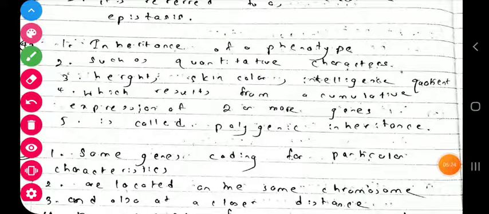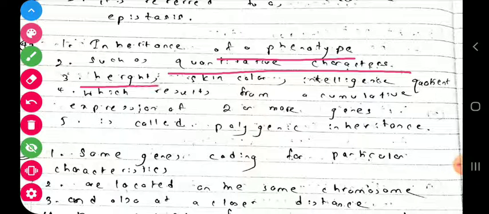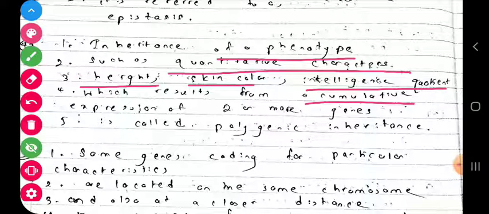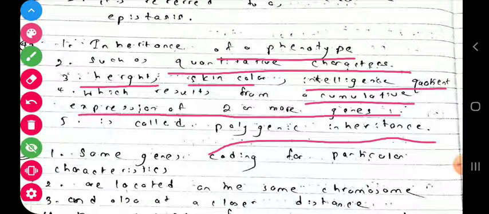So once again, let's see the definition quickly. Inheritance of a phenotype, such as quantitative characters, height, skin color, intelligence quotient, which results from the cumulative expression of 2 or more genes, as we saw in our examples, is called polygenic inheritance.